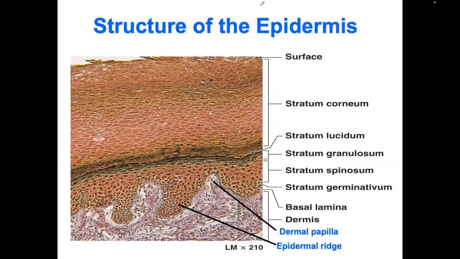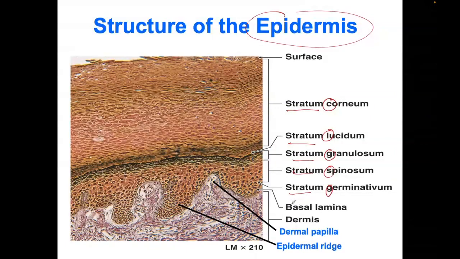All right, so when we look at the epidermis, the top layer of skin, I said there's 5 microscopic layers. They all start with stratum, like stratosphere. It's a layer. So we have a stratum corneum, a stratum lucidum, a stratum granulosum, spinosum, and germinativum, aka stratum basale.